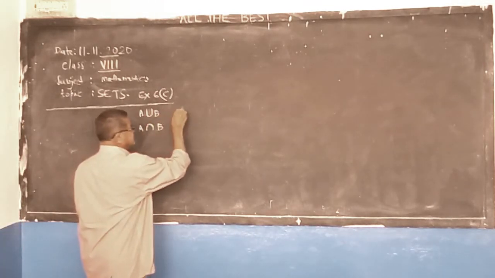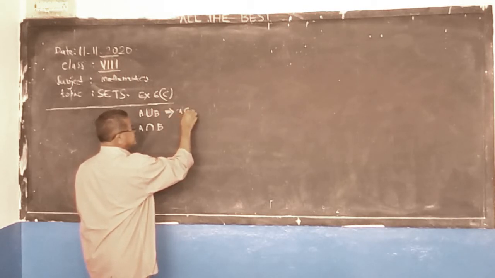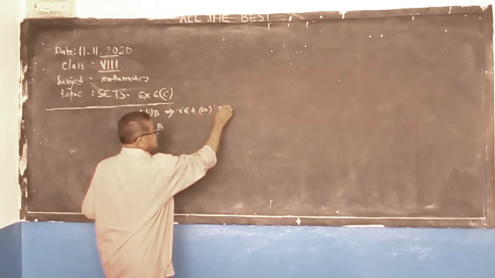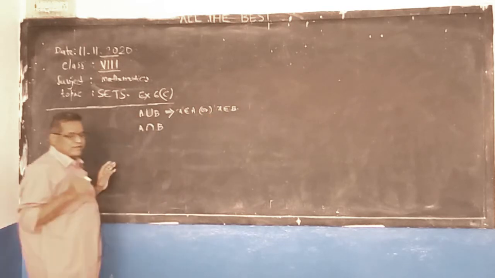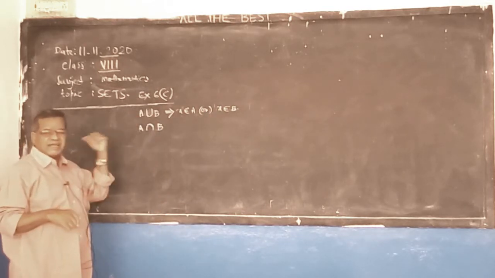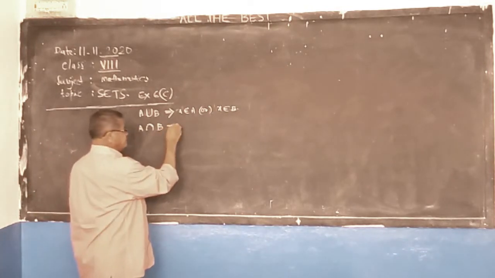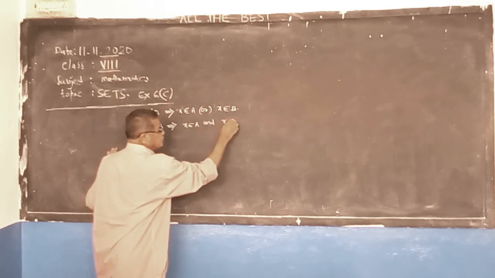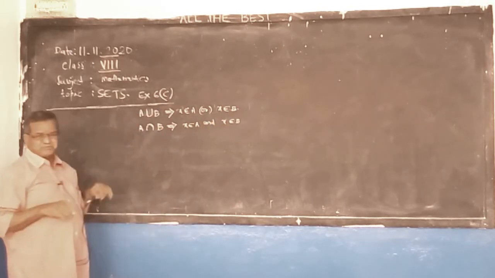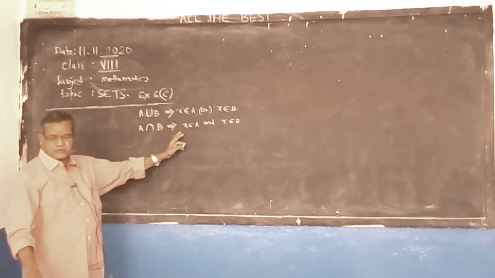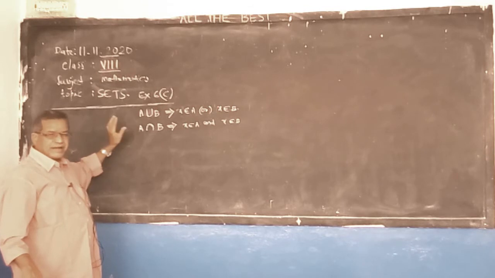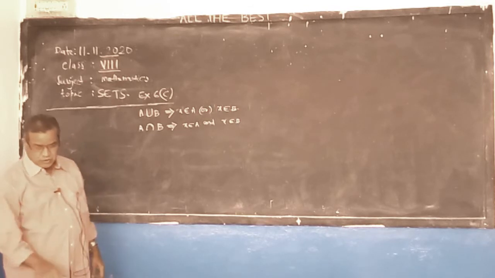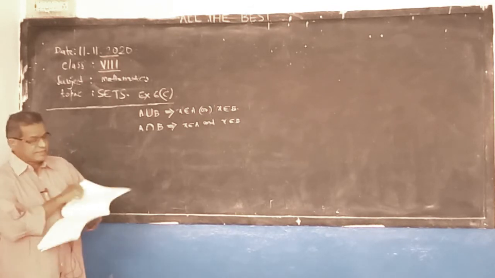Suppose x is an element: in union, it may lie in either A or B. But in intersection, x belongs to A and x belongs to B, meaning common elements. Suppose you take the element 3, which is in set A and also in set B. This is the meaning of intersection.